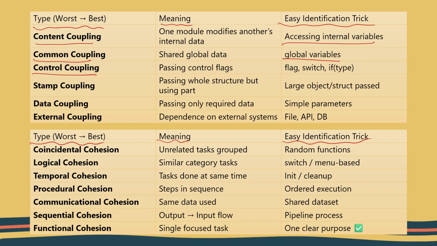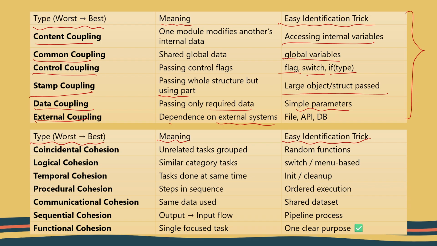Control: remember teacher, flag, switch, if. Stamp coupling: large object or structure passed, but we use only parts. Data coupling: required data, that is parameters. External: you use external systems. I hope this will make learning easy.